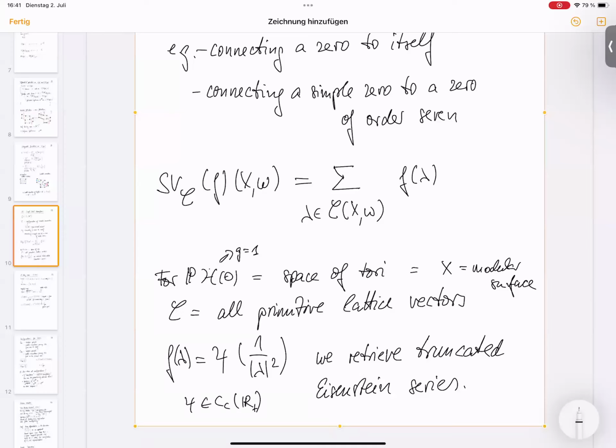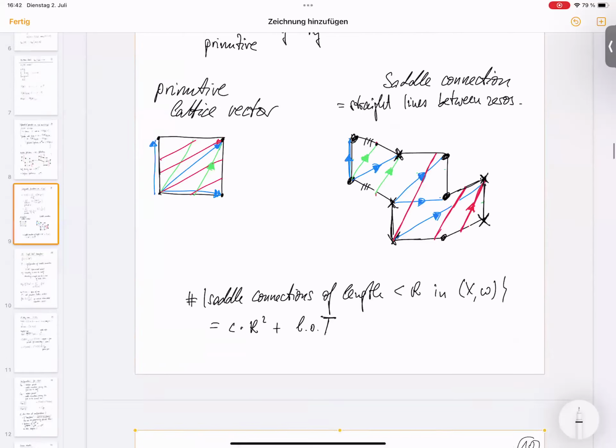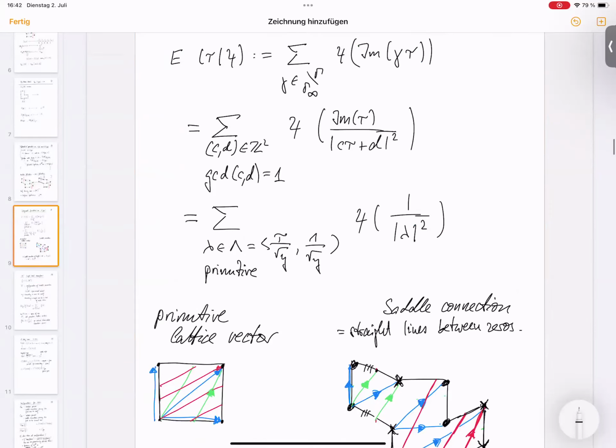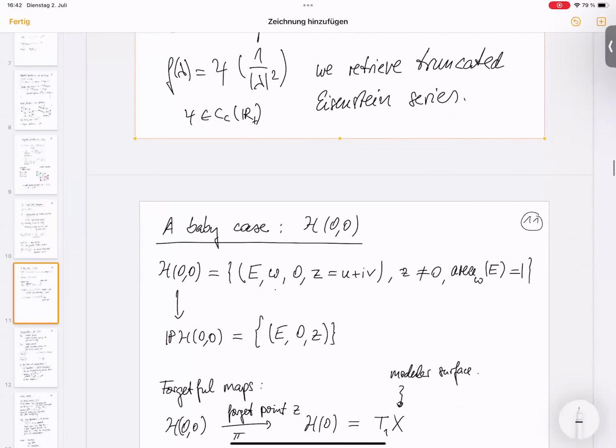And then the Siegel-Veech transform with respect to that configuration and with respect to that function f is just the psi-truncated Eisenstein series, as we have seen it on, let me flip back a second, on this slide. You just put the two formulas on top of each other and you find that. Okay, conclusion. The Eisenstein series that usually produce the continuous spectrum should be thought of in general as Siegel-Veech transforms on strata.